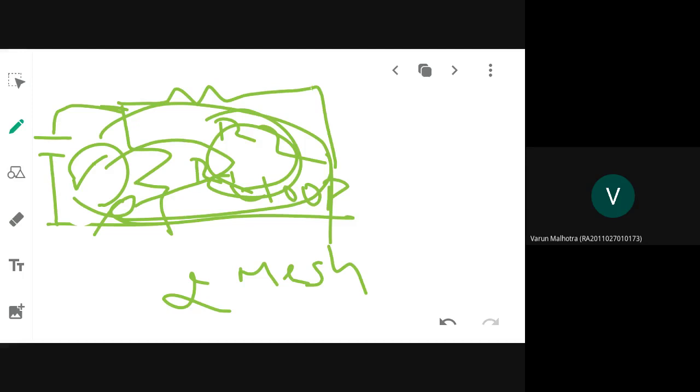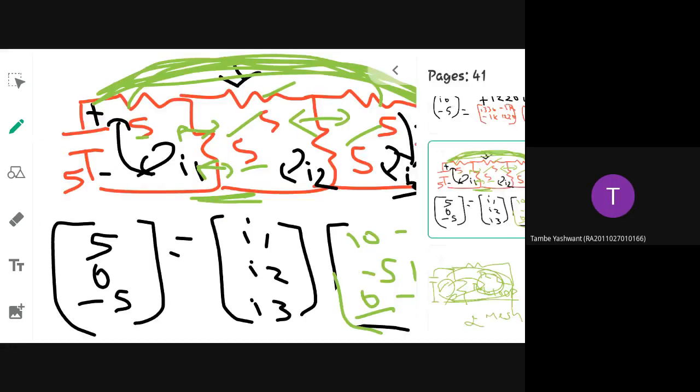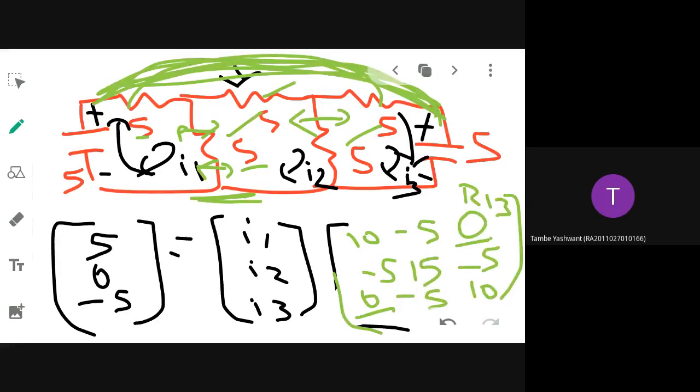Any other doubt? Otherwise, we'll close class. Remember, I did some mistake in that equation, that matrix. We have taken a negative sign because we have considered all the currents in the same clockwise direction. If we have taken currents in different directions, it will be positive.